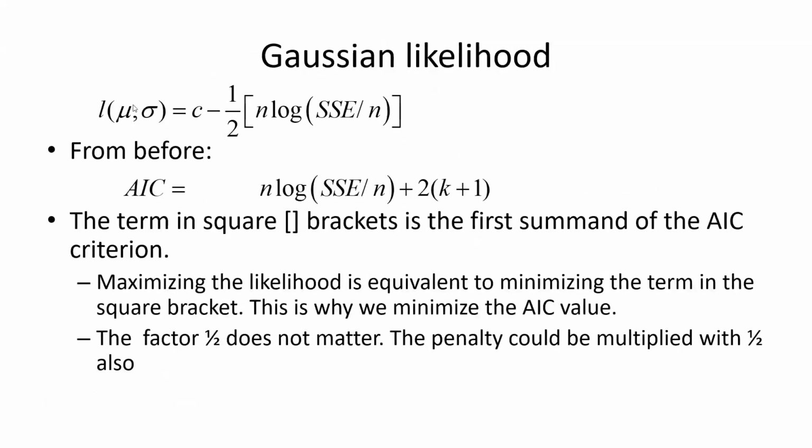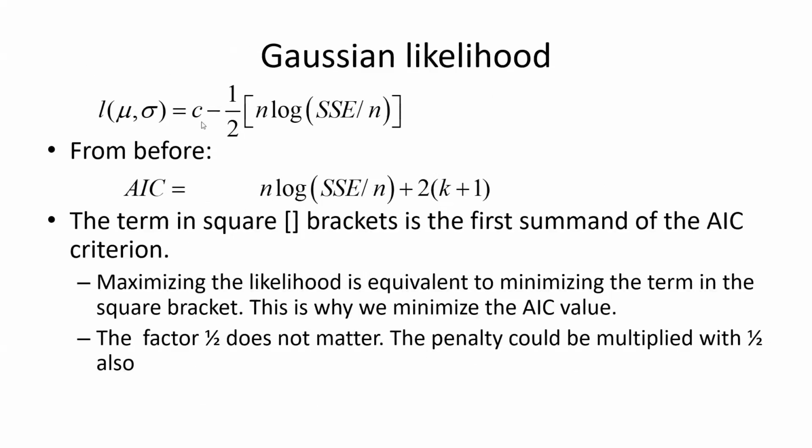So here I have the log likelihood, which I'm trying to maximize. And here I have the AIC, which I'm trying to minimize. But that doesn't contradict, because here I have a minus, and as soon as I multiply this by minus 1, I get here a plus sign, and then I'm trying to minimize. Okay, so that makes sense.